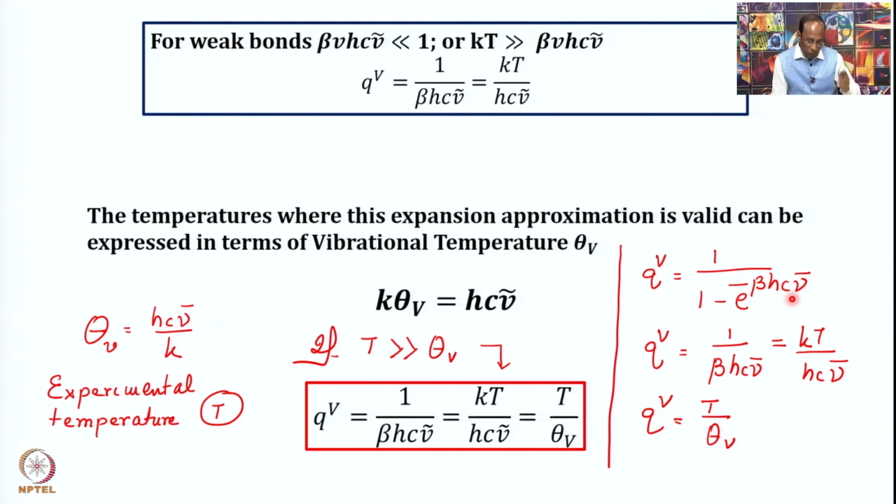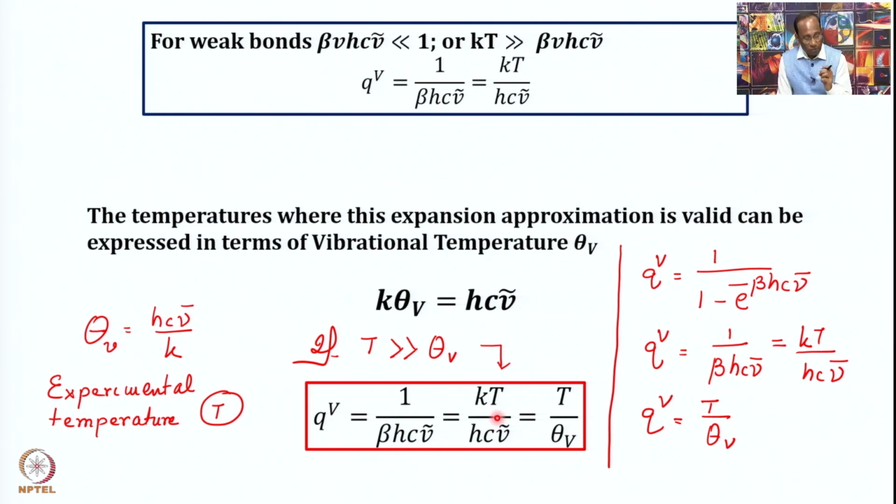And then when the temperature is high or for weak bonds, in that case we got this expression which can be used. However, in order to use this expression, you need to find out the characteristic vibrational temperature and see if the experimental temperature is much higher than it; only then can you use this approximation.